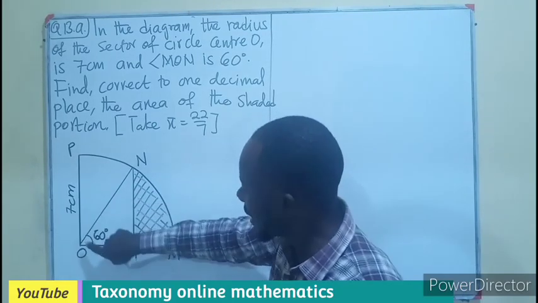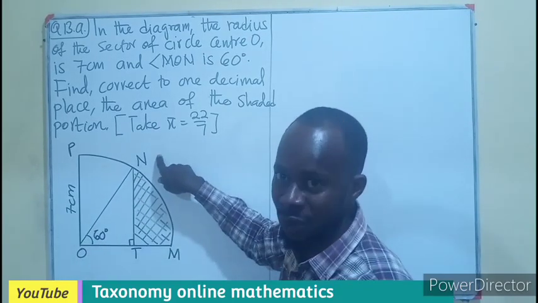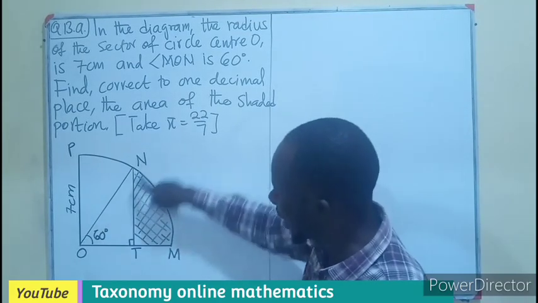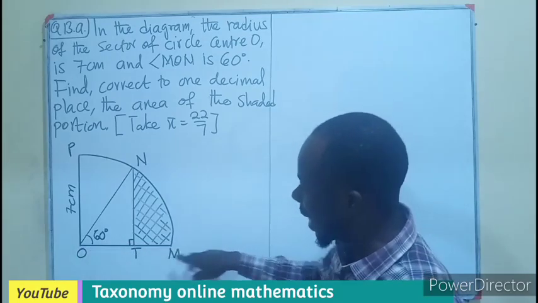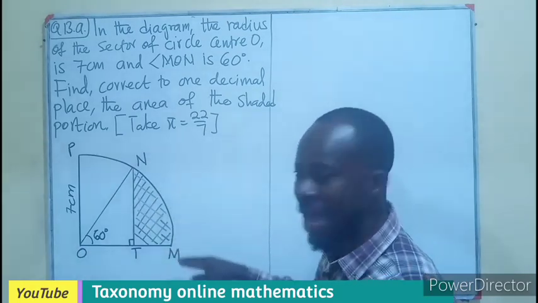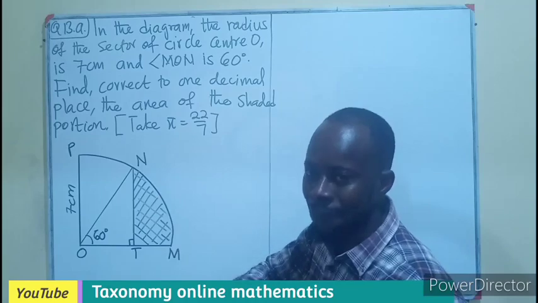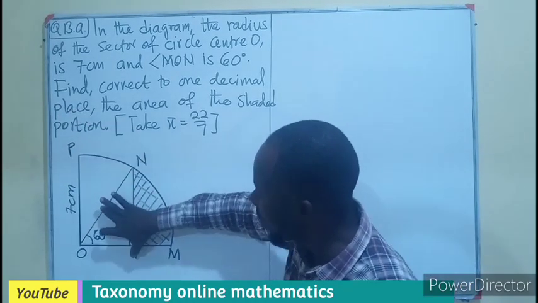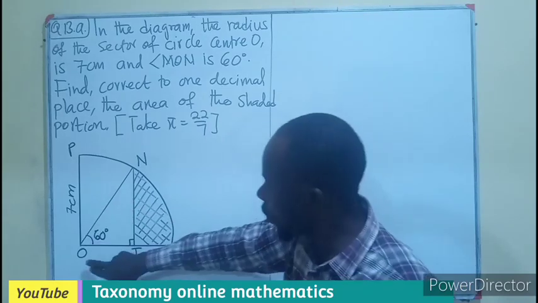The radius is still 7. This line will still be a radius, so that will also be 7. Then if this radius is 7 and this also is 7, it means ONM is also a sector, right? So if this sector is taken away, I will still be having a sector ONM.